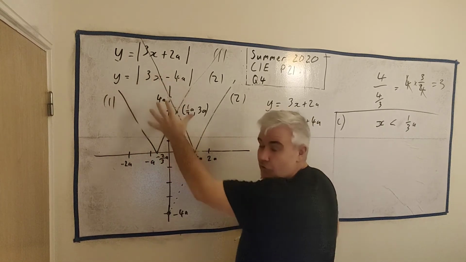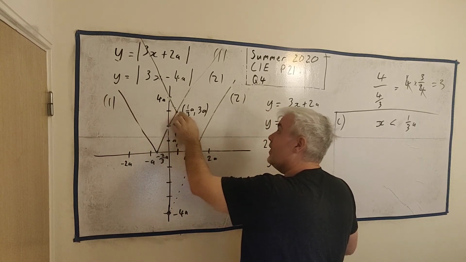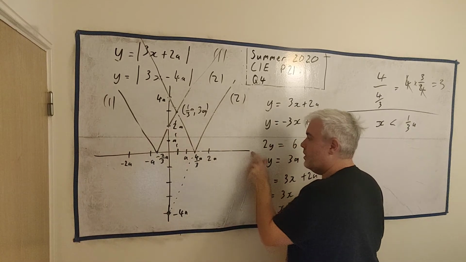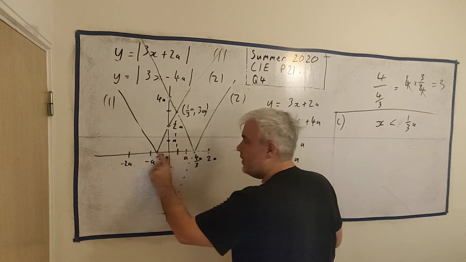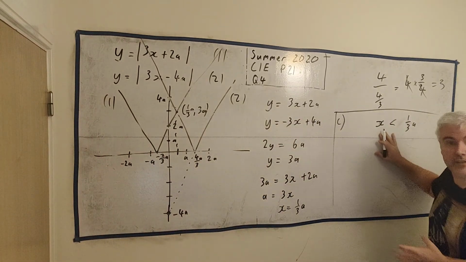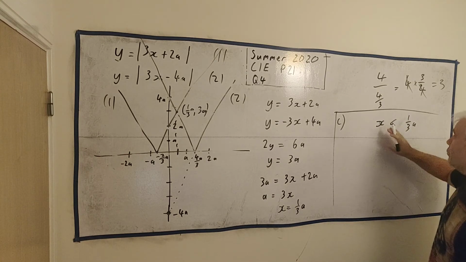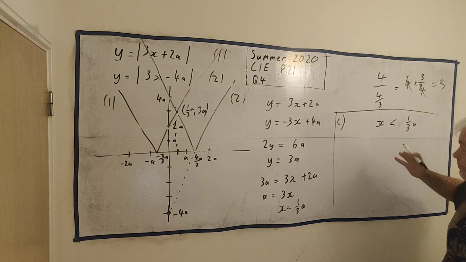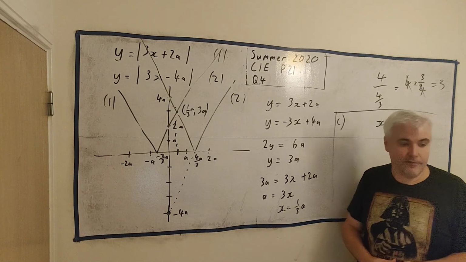We can just see when it's underneath it. It's smaller than, smaller than. It's bigger than, bigger than. So we're looking just at the x-axis now. Right here, it becomes smaller than. That's how I get a solution for x, because that's where our solutions are in the x world here. So x is less than a over 3. x is less than a third a. That's the solution to part C.